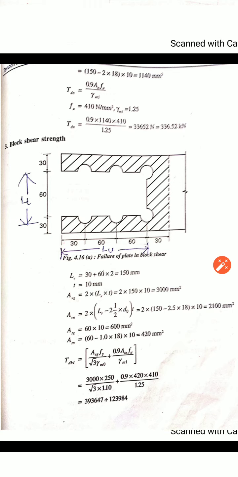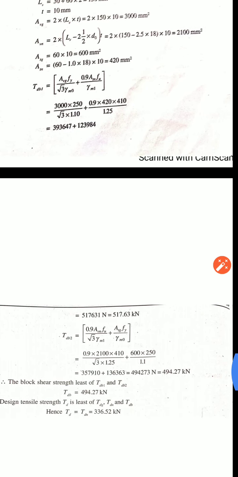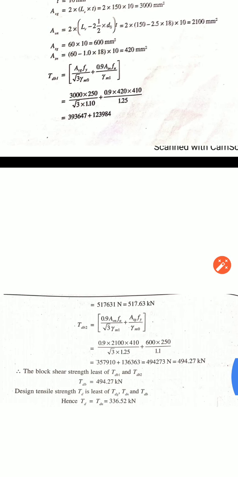And one more formula we have, Tdb2 is 0.9 Avn fu divided by root 3 gamma m1 plus Atg fy divided by gamma m0. So we have to find Tdb1 and Tdb2, these two.